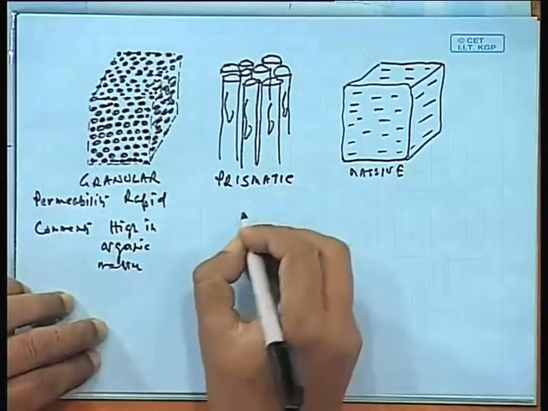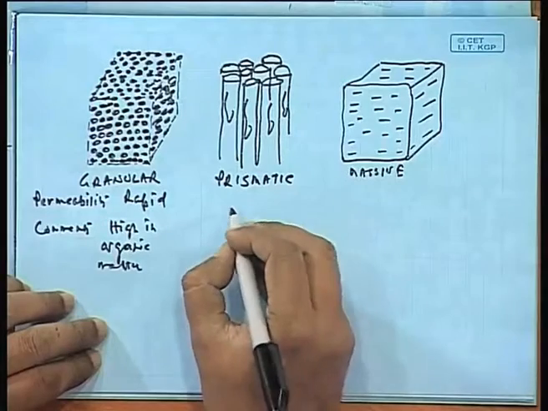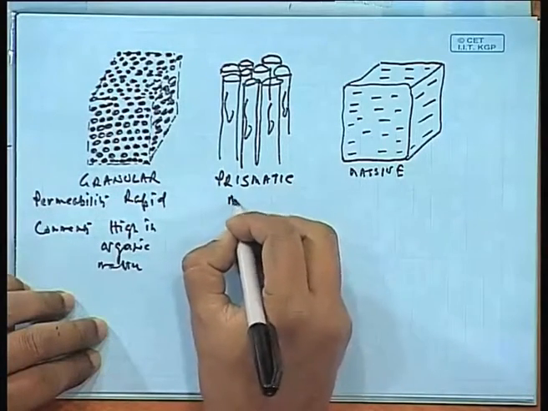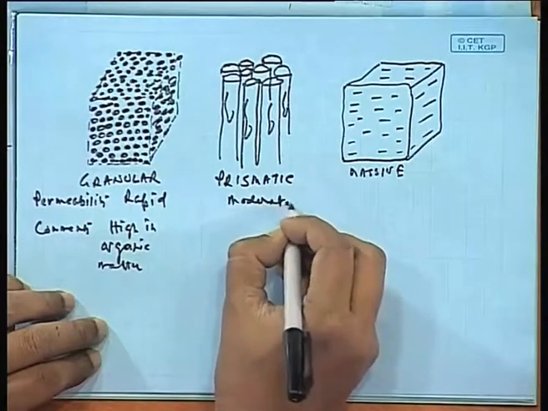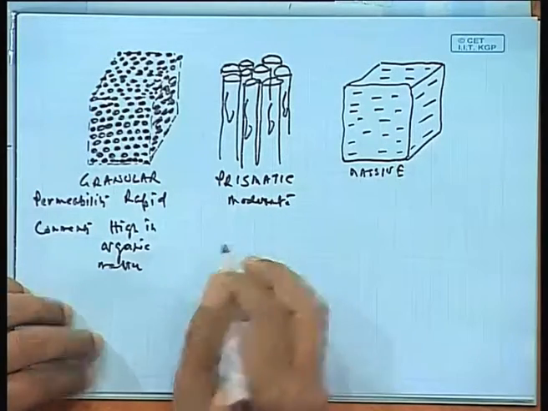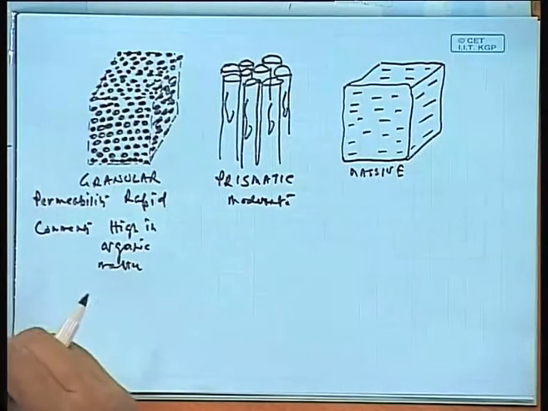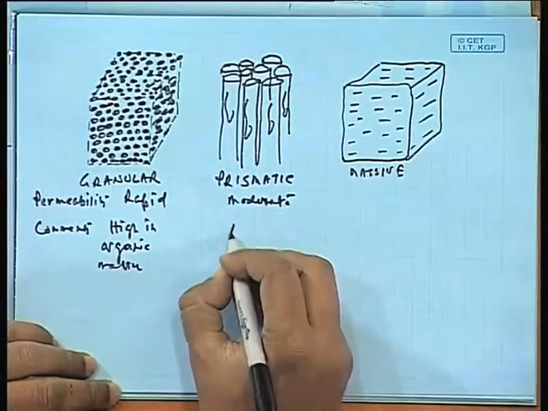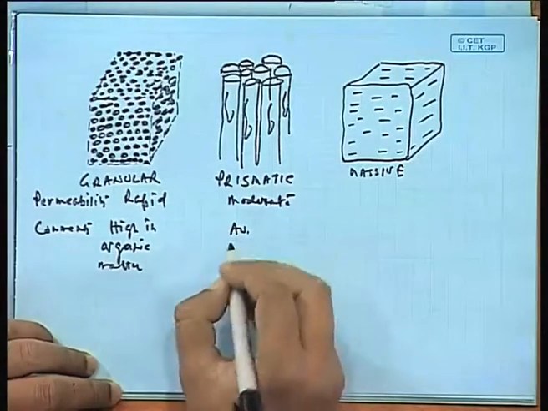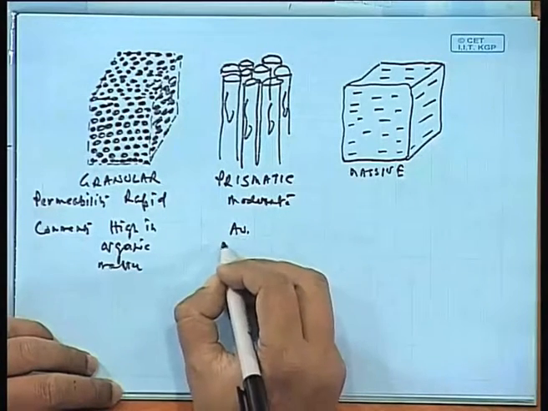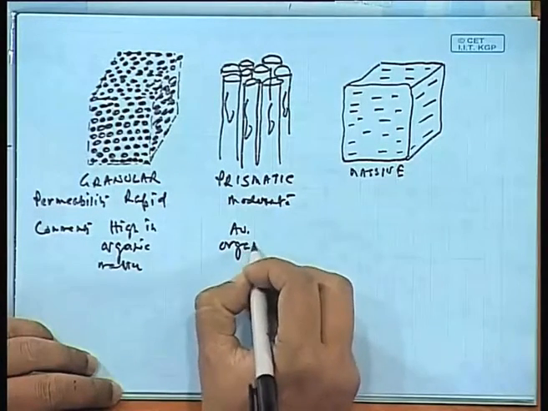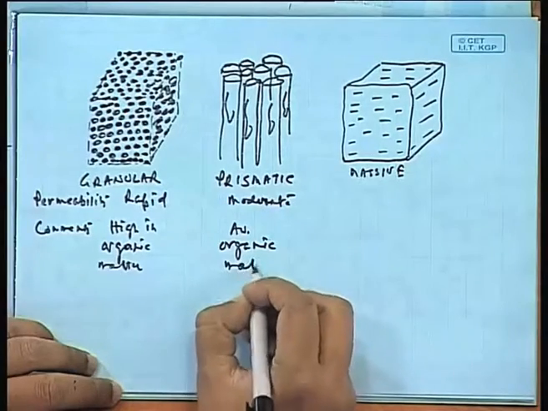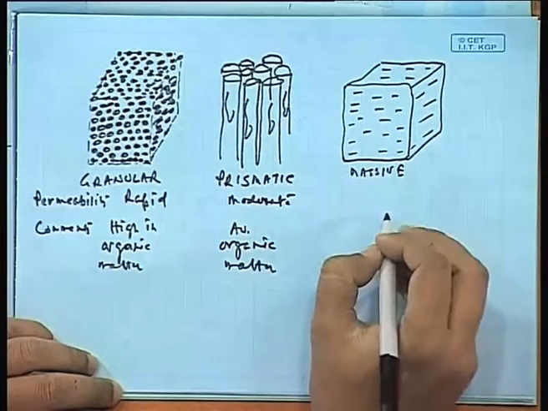High in organic matter. The prismatic soil: the permeability is moderate, and average organic matter, I mean almost usually nonexistent.